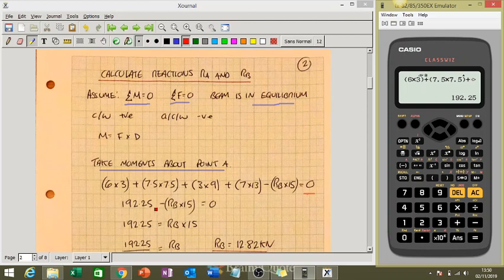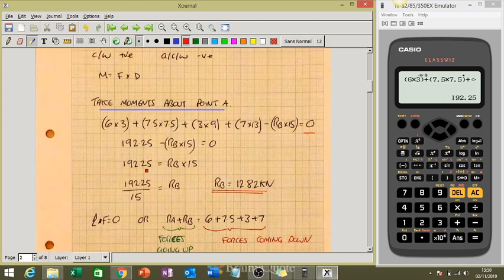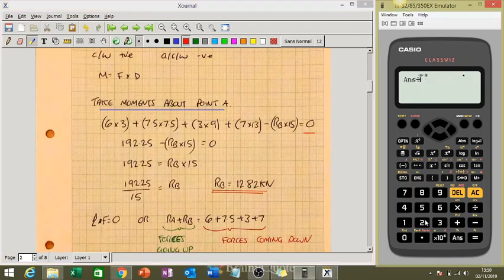Leave that there. Take this negative term over to make it a bit easier, and then bring the 15 down, so divide all of this by 15. That will give us RB.